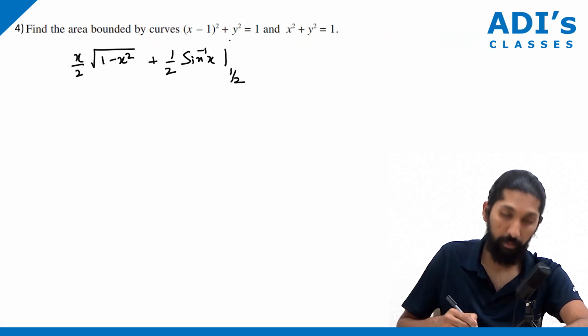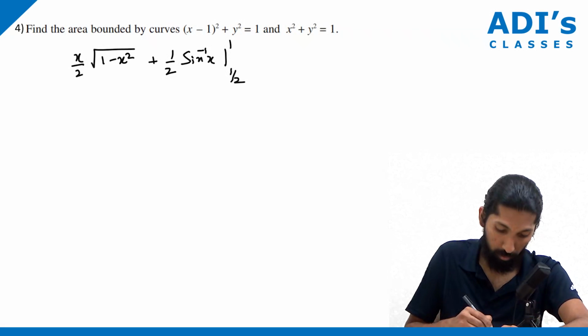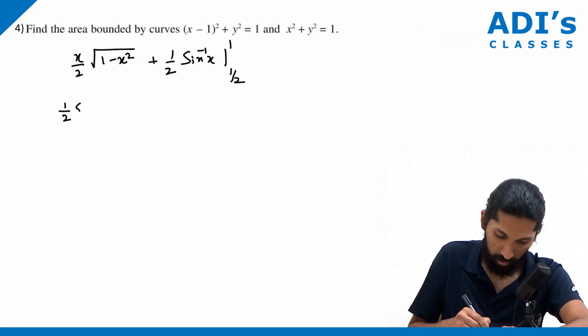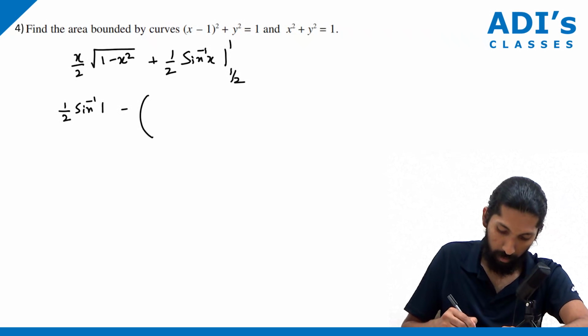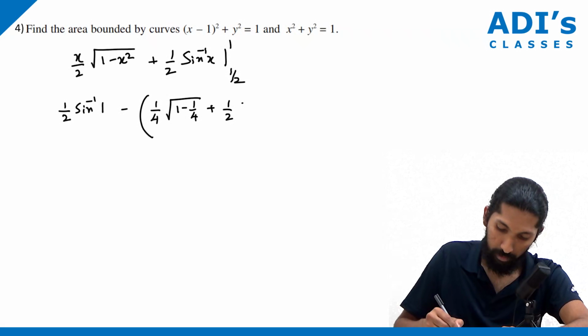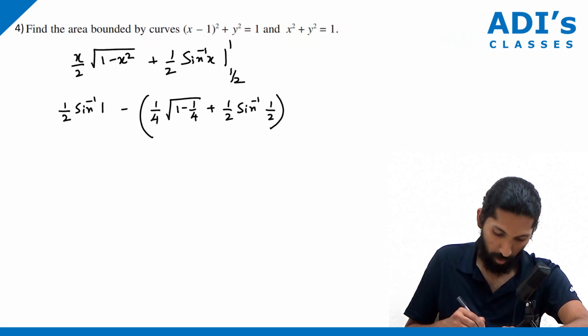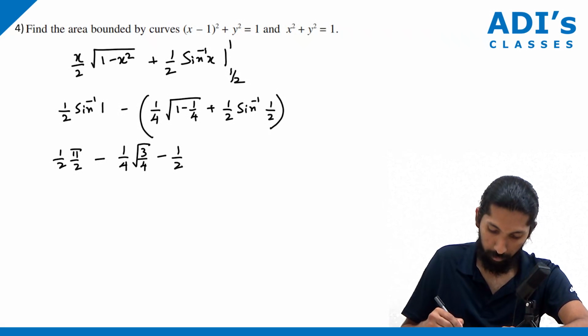If you substitute 1 here, 1 minus 1 is going to become 0, so we have half sine inverse 1, minus of half by 2, which is 1 by 4, into root of 1 minus 1 by 4, plus half sine inverse 1 by 2. So half into pi by 2 minus 1/4 of root 3 by 4 minus 1 by 2 into pi by 6.